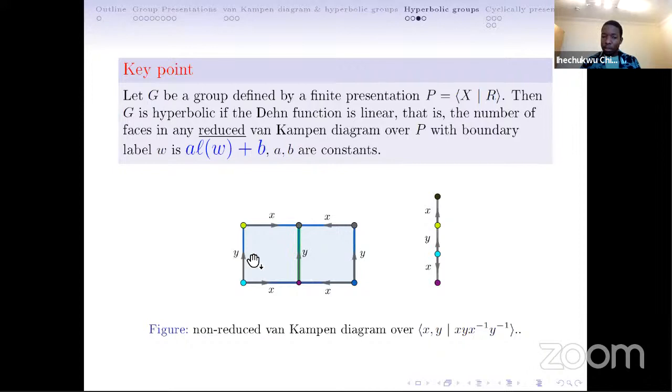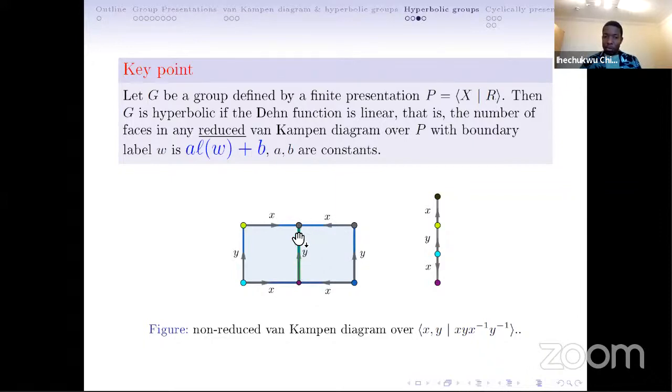It is not reduced if it has two faces which have some edge in common, and that edge acts like a mirror. If you stand here and look this way, it's the same thing you see when you look that way. Another way to say it is that if you read the label on this face and read the label on this face, you get the same thing. So this is acting like a mirror.